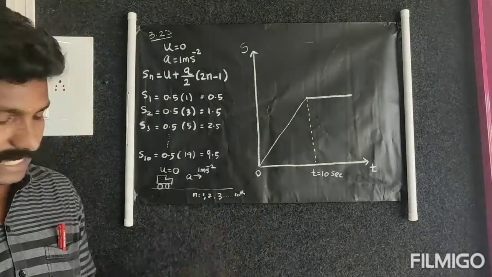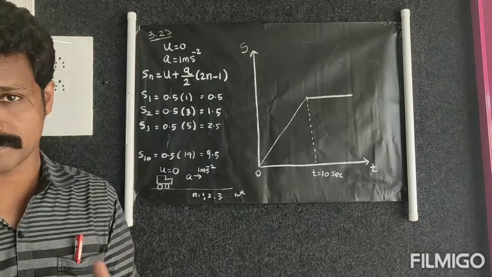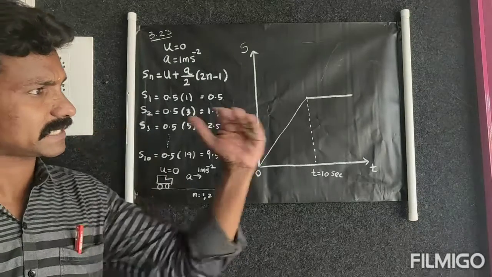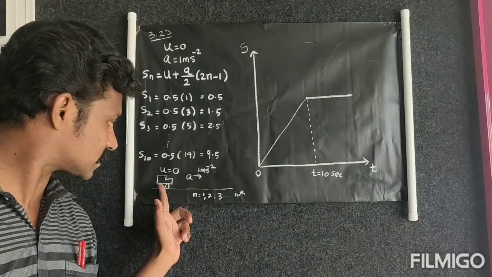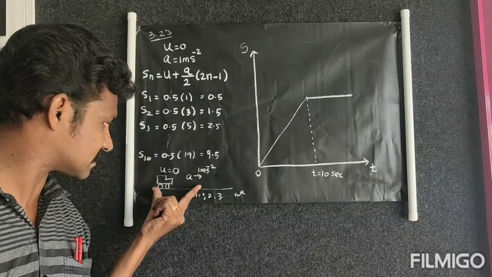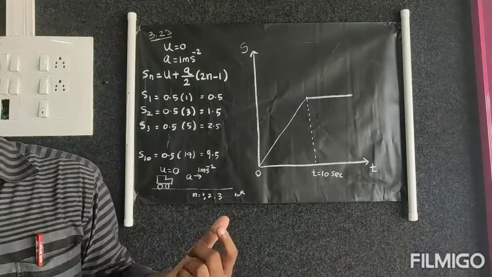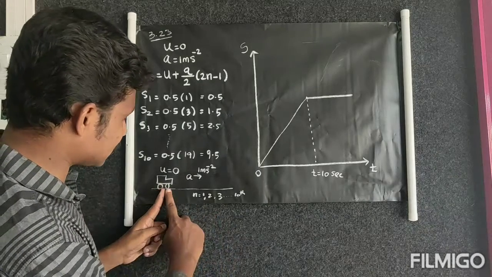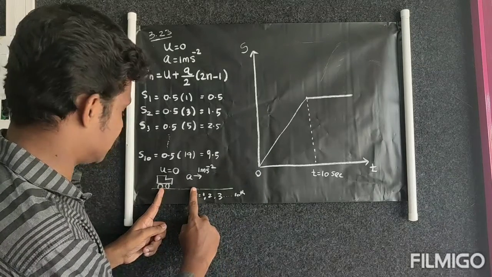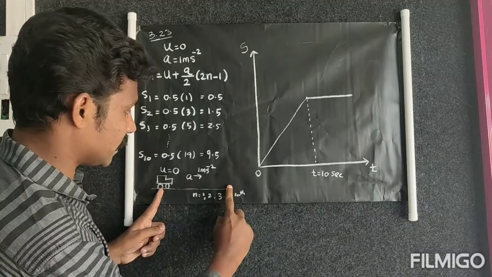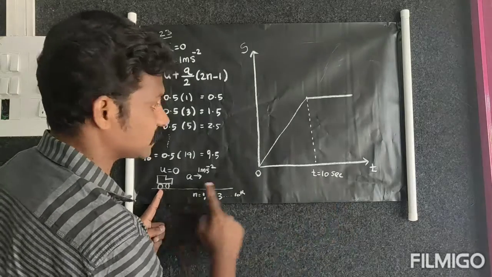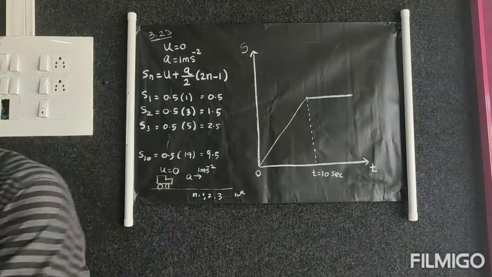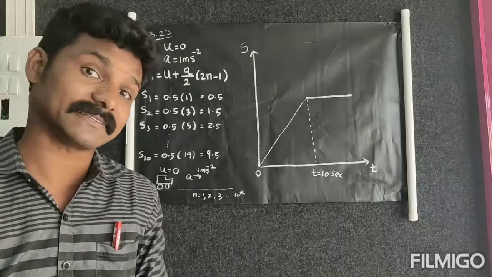The distance traveled in the nth second, you know the formula. In the first second, how much distance is covered? In the second second, from the initial position, how much? Like that, first second up to here, second second up to here, third, fourth, fifth. So we want to calculate for the nth second.